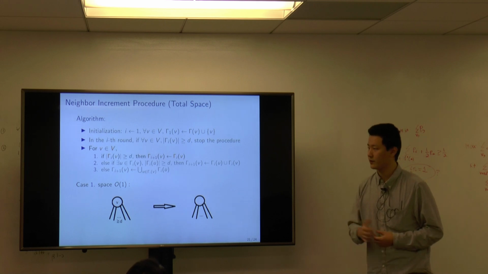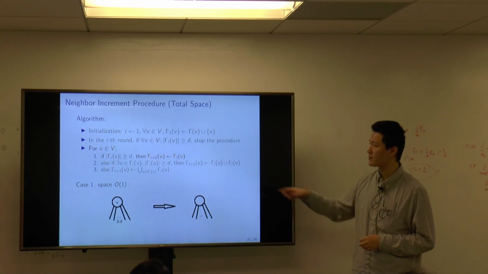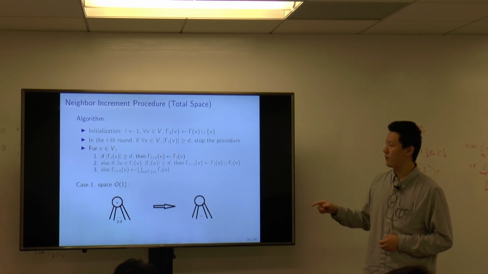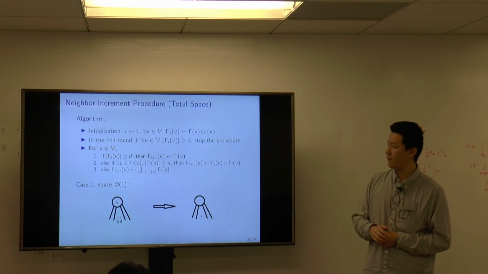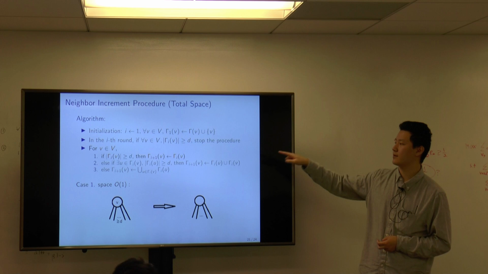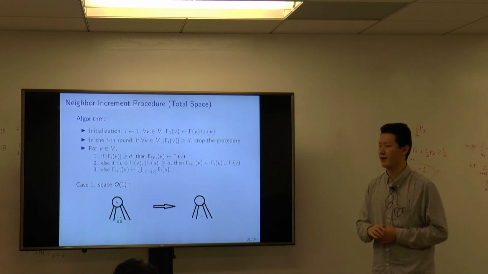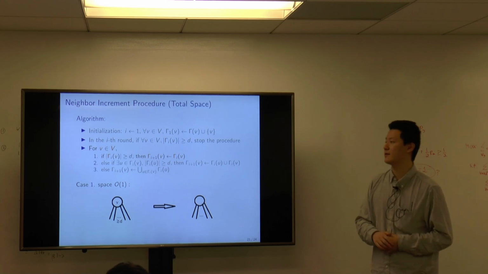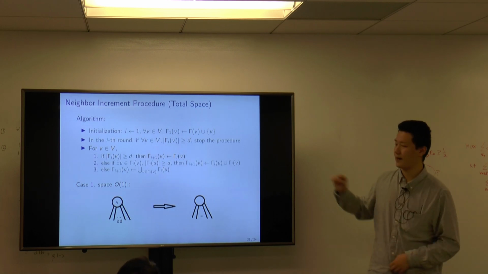Firstly, we care about the total space. For the total space, if in the ith round, the vertex v already has degree at least d, then we just do nothing for this vertex. So there's no extra space induced by this vertex v in the ith round.